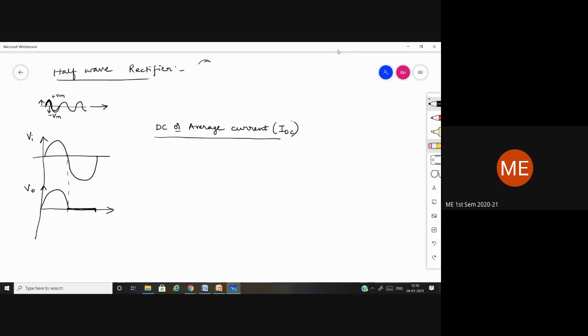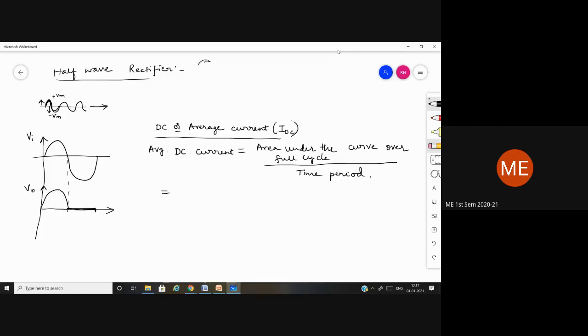In the derivation, the first step is: average DC current is equal to the area under the curve over the full cycle divided by the time period.